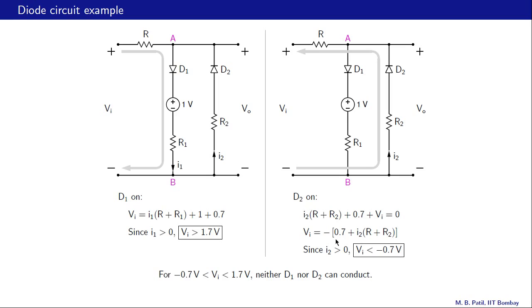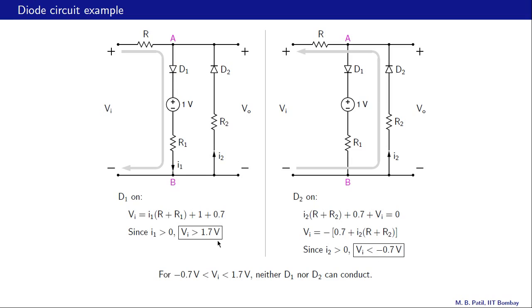Let us look at this number in the brackets here. It's 0.7 plus I2 times (R plus R2). Now I2 can only be positive because D2 can only conduct in that direction, and therefore this number is always larger than 0.7 volts. So what it means is Vi must be less than minus 0.7 volts for D2 to conduct.